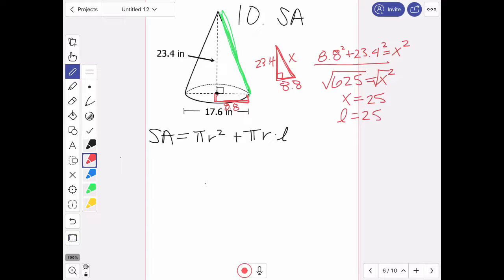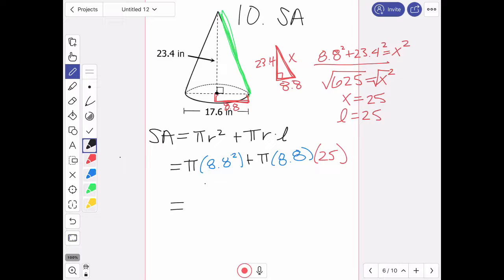So I'm going to plug in everything to my formula of pi times 8.8 squared plus pi times 8.8 again times my slant height of 25.